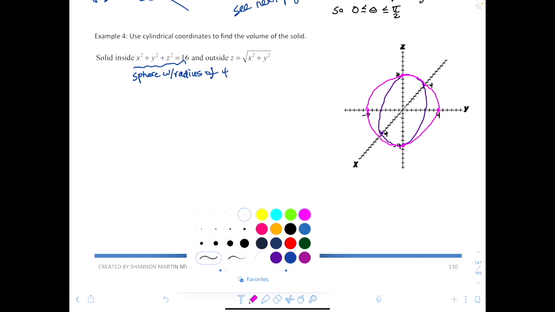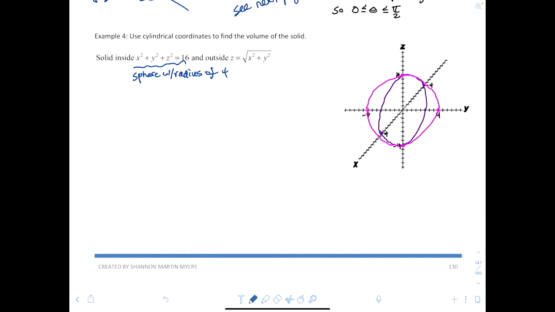And then our xy plane. I'm sorry, this really is not a very nice picture.